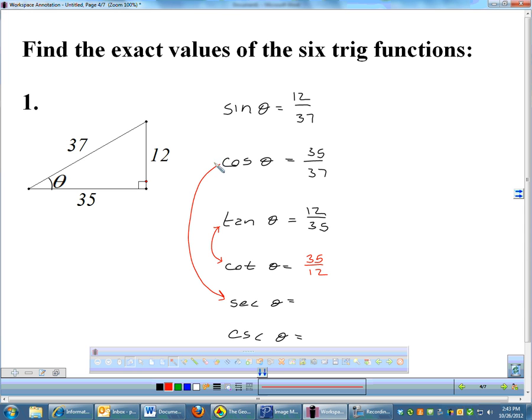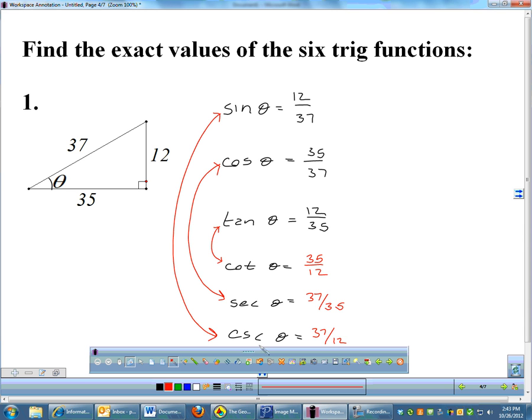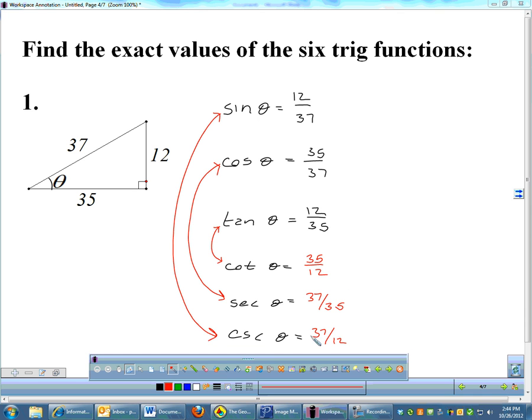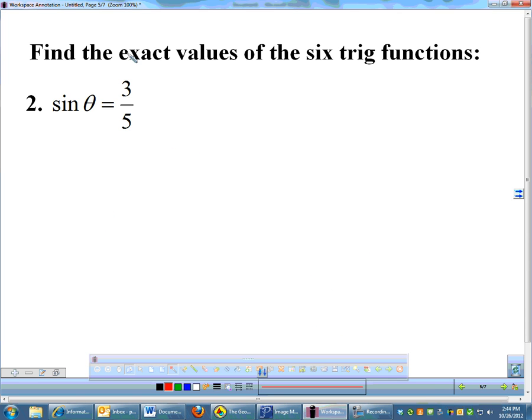So secant and cosine are reciprocals, that means secant is going to be 37 over 35. Same thing for sine and cosecant. If you flip sine, you get 37 over 12, and there are the 6 trig values for that triangle. That's all there is to it. Please don't give me the decimal. I prefer the fraction.